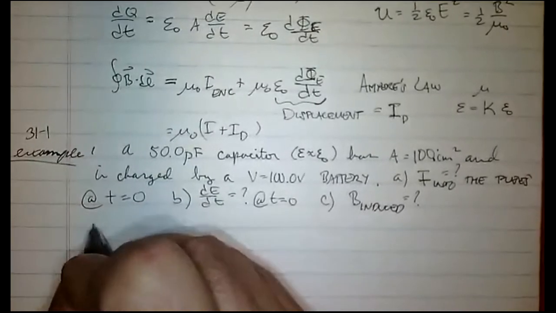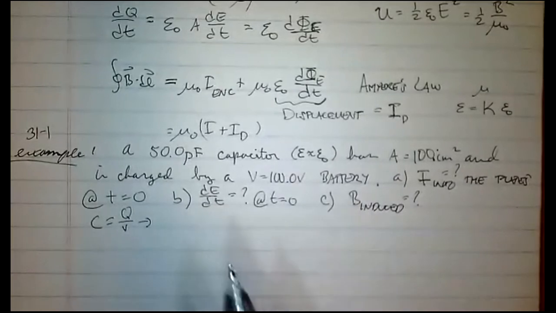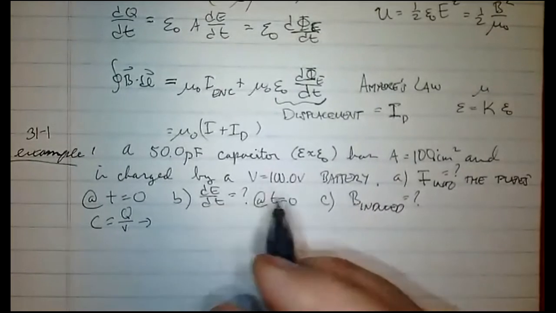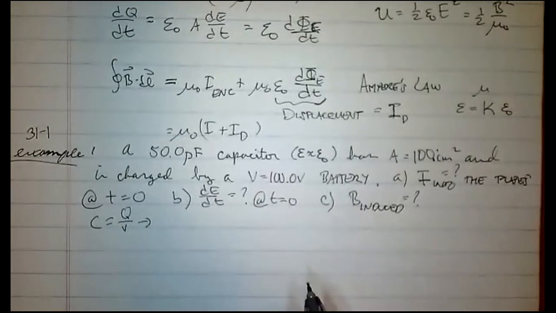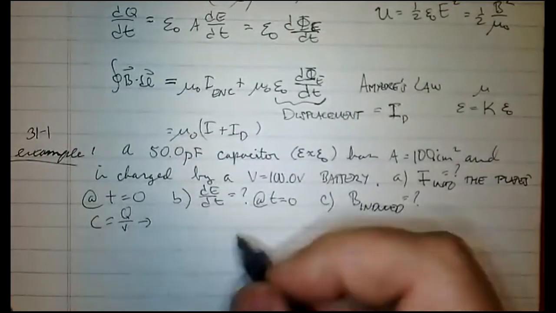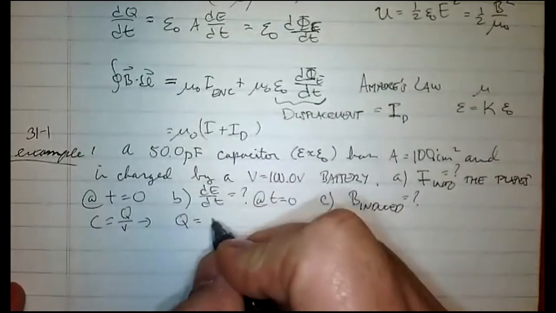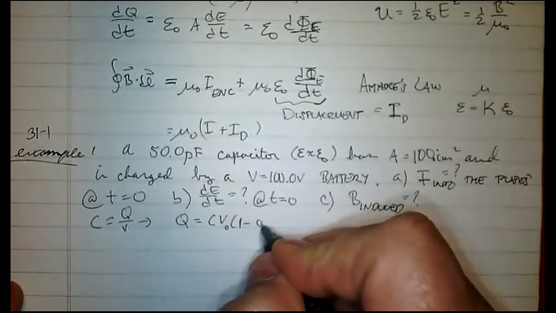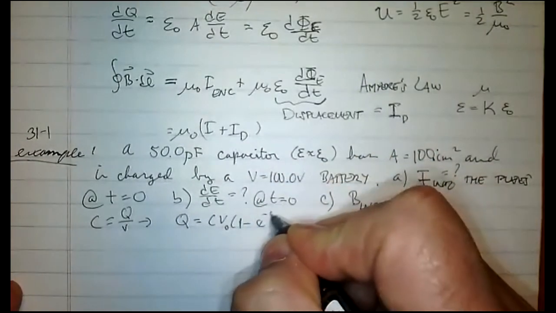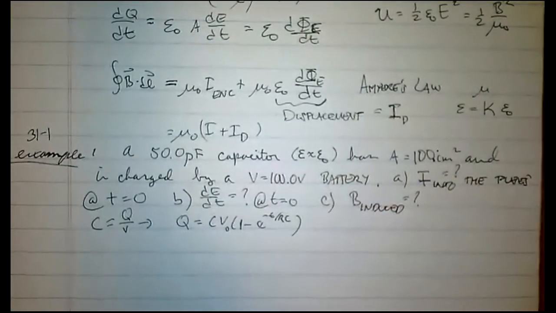So first off, we know C equals Q over V, which means we can figure out what's going on by treating our typical circuit that we did earlier, which is basically us just charging up a capacitor. When we charged up a capacitor, what we found was that Q is equal to C times V0 times 1 minus e to the negative t over RC.